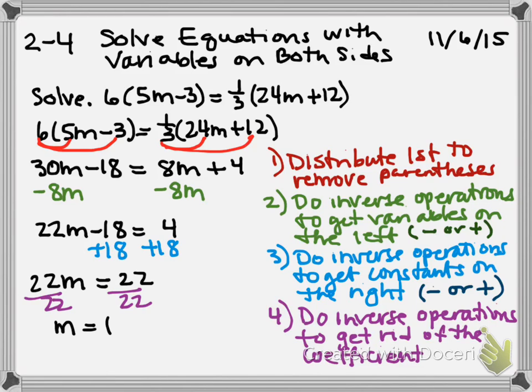Brandon? Multiplication and division. Yeah, we would do multiplication or division. So remember we had talked about in general, we're going to add or subtract first to get constants together, same thing to get variables together, and then we would multiply or divide to get our coefficient to go away. Okay?